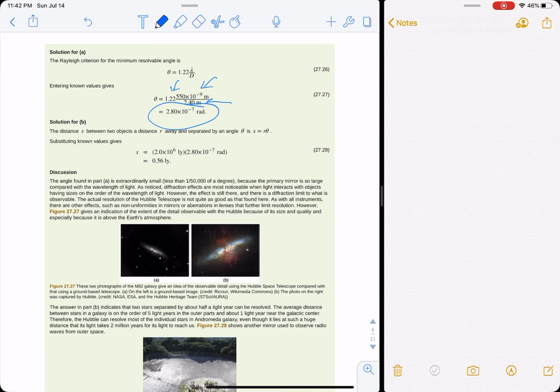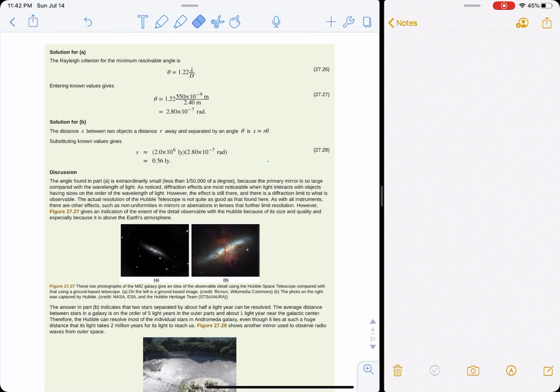Then you imagine your angle is here, we're 2 million light years away, and how far apart can these two be if that's the angle? The closest stars we could resolve from each other that far away gives you 0.56 light years.